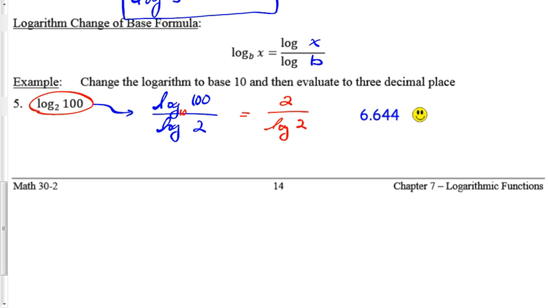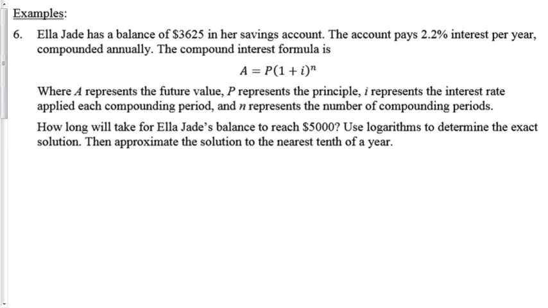Okay, next page. So we have an application question. Jade has a balance of $3,625 in her savings account, pays 2.2% interest per year, compounded annually. Here's the formula.